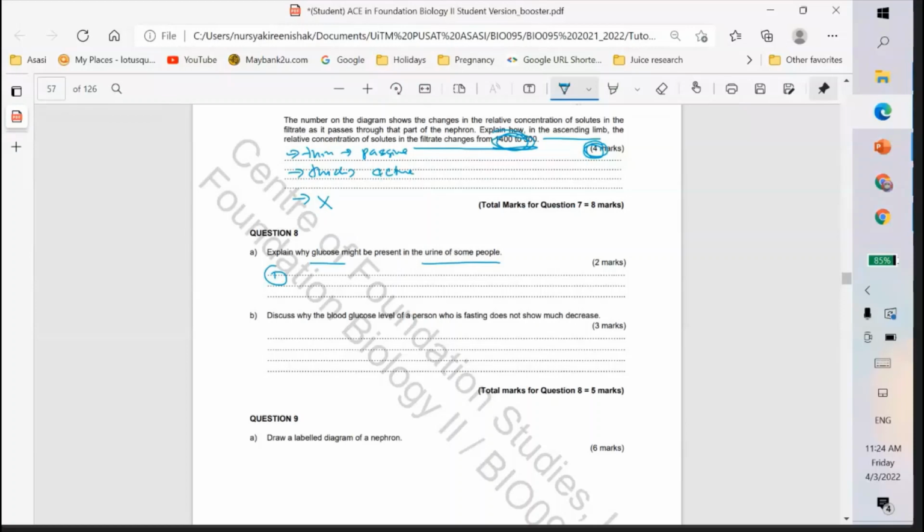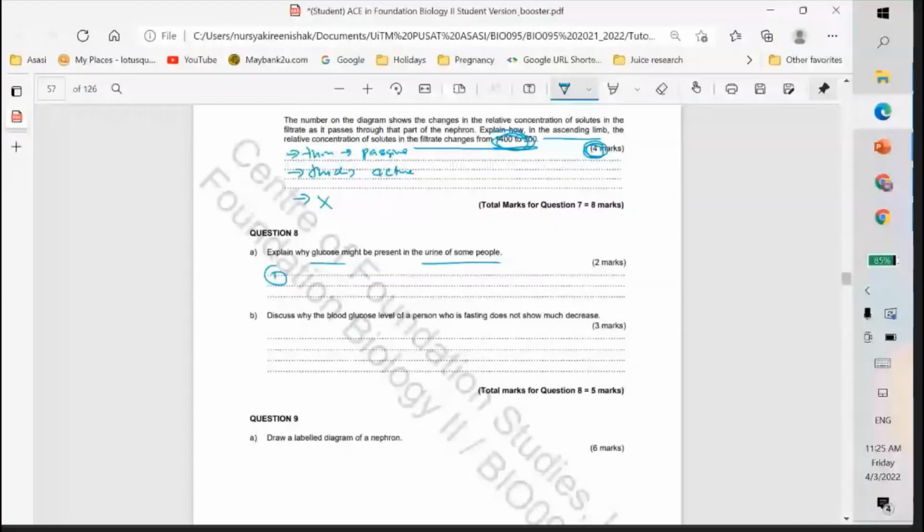Second point, the pancreas does not secrete enough insulin for a diabetes patient, so the production of insulin may be low or there is no production. So there will be excess glucose in the blood that is not converted into glycogen and stored in the liver. The third point, therefore there will be a high concentration of glucose in the blood.